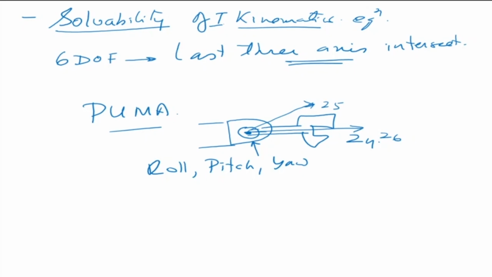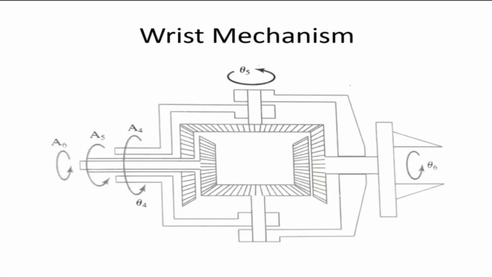Now, before that, to satisfy this condition, we see that most wrist mechanisms of manipulators tend to intersect. So this is my 4, 5, and 6. So this is my 4, this is 5, and this is my 6. Okay, so you can see this is my 4th axis, this is my 5th axis, and that's my 6th axis.